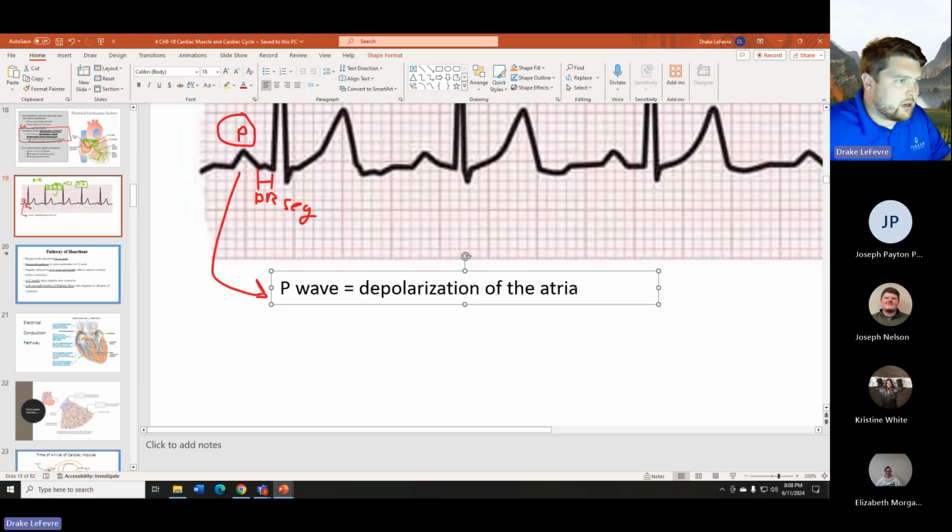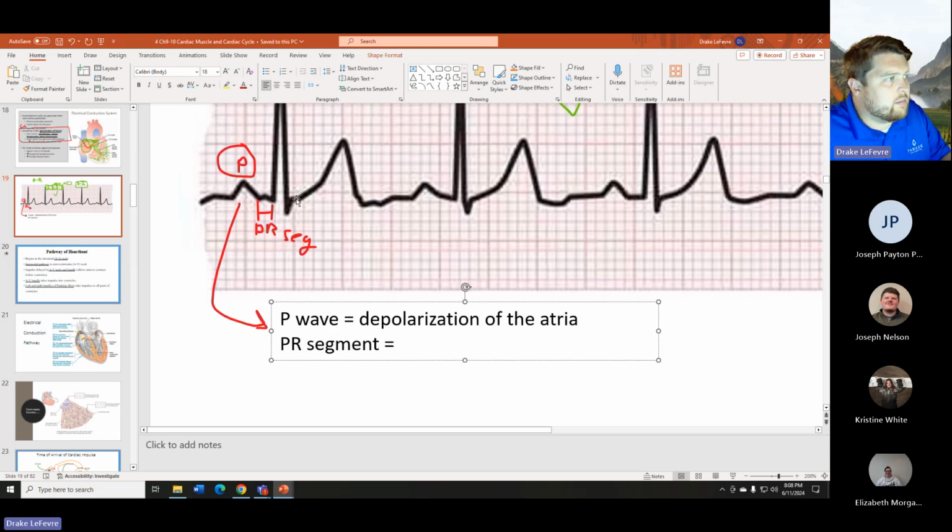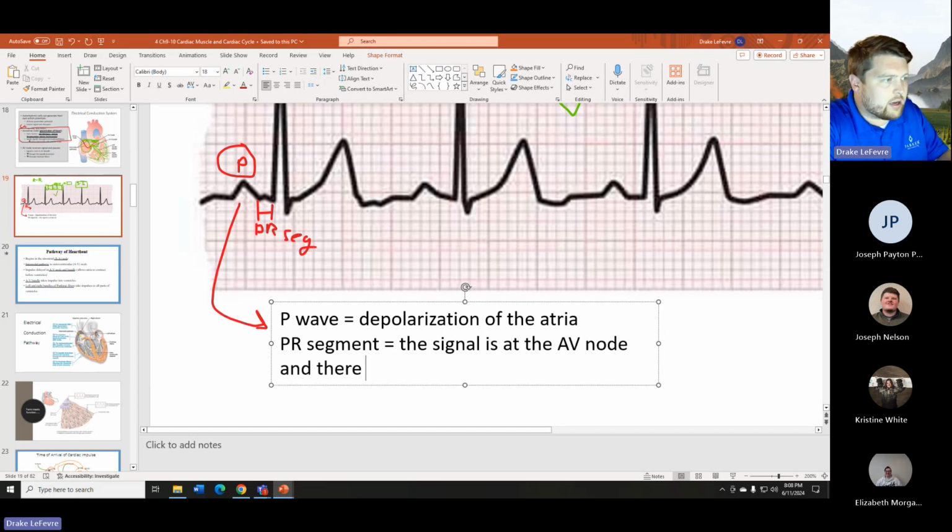Okay, then our PR segment is here. It's at the isoelectric point. Isoelectric point is like the neutral point for all of our electrical activity. This PR segment is the signal is at the AV node, and there is a pause at this location.